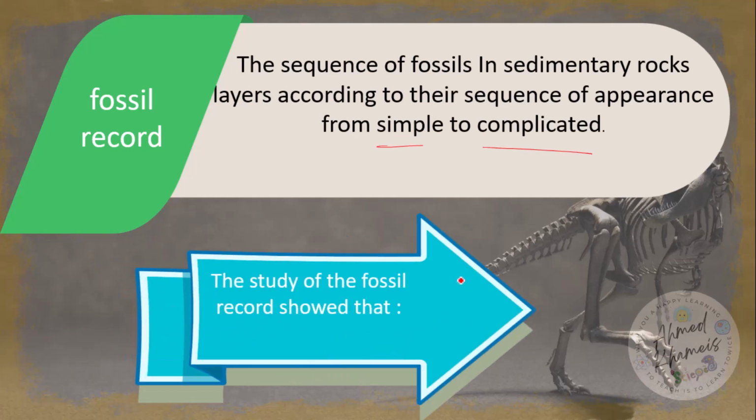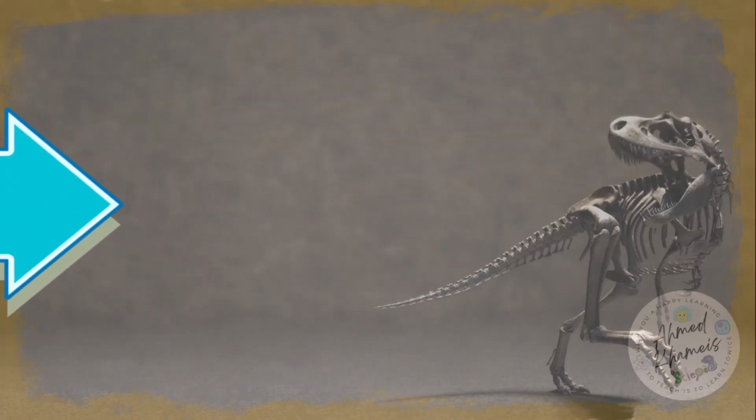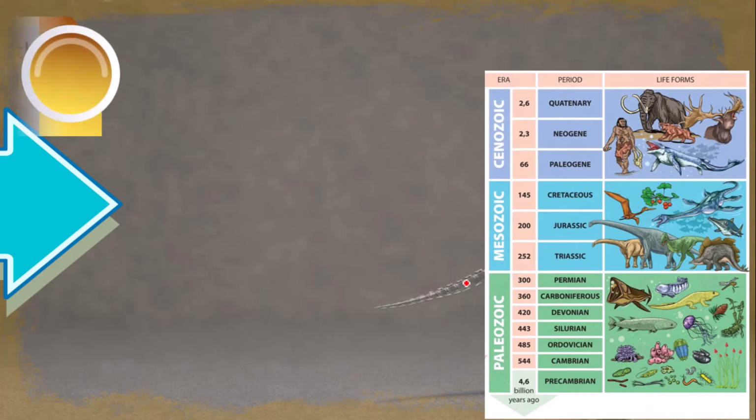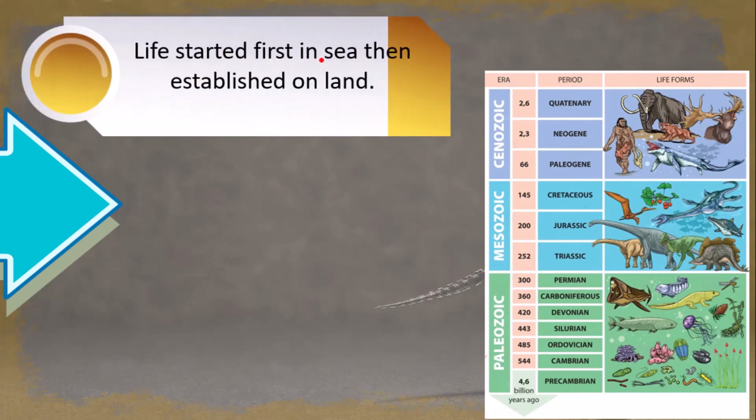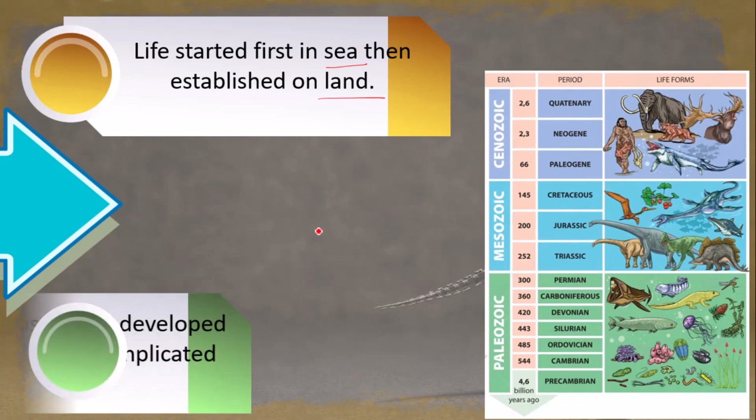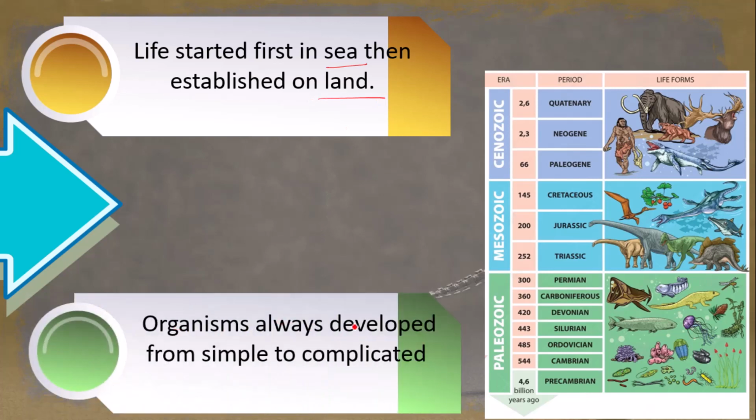And from studying fossils, we know that life started in the sea and then became established on land, and organisms always developed from simple to complicated.